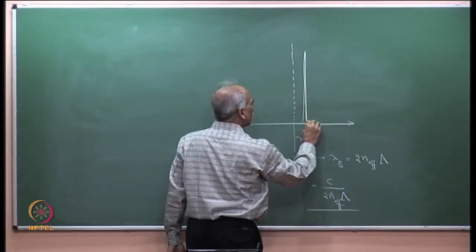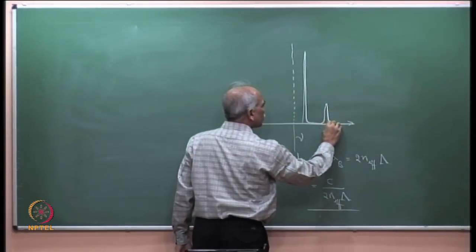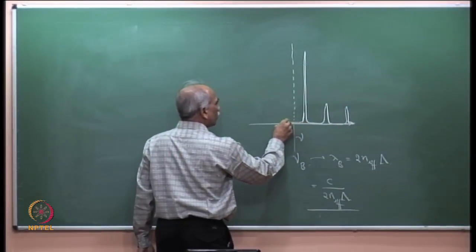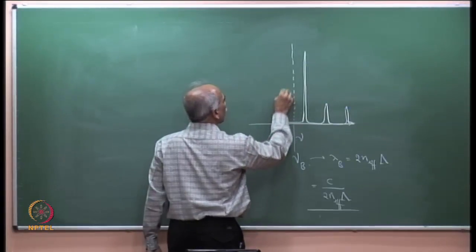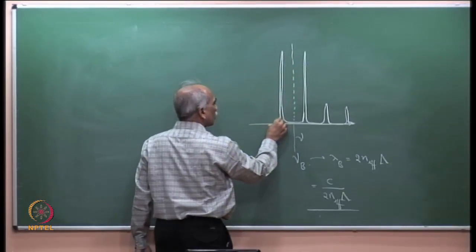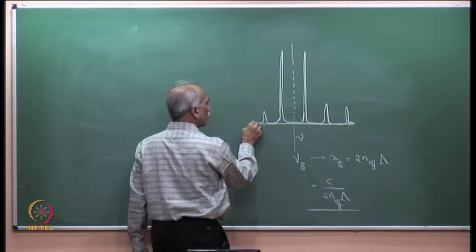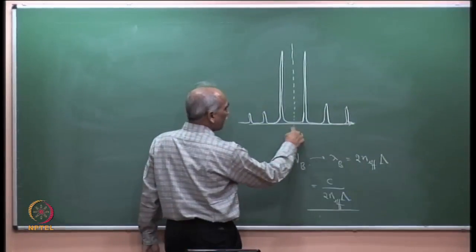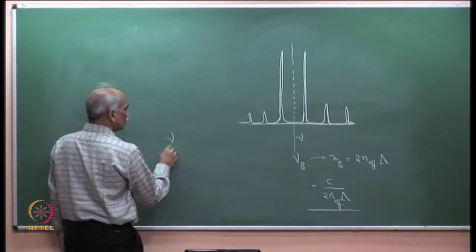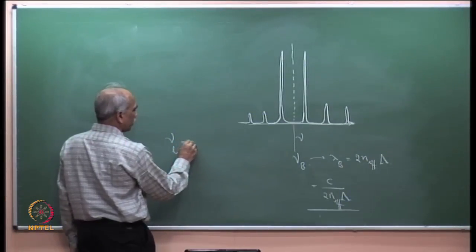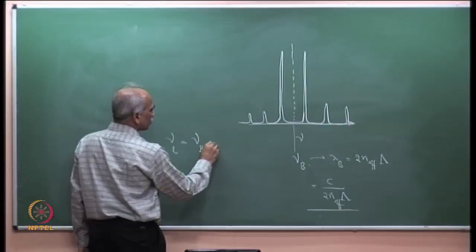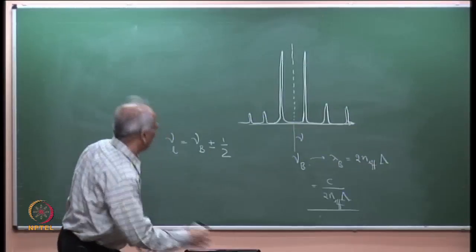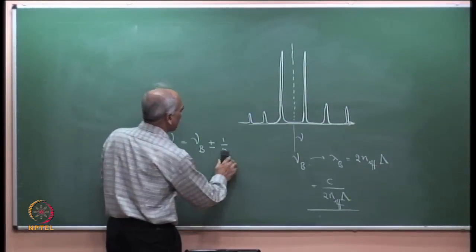If you see a practical structure, it has some more side modes here, side lobes, and there is an important parameter we will discuss. I will not go into the details of this, but this is slightly shifted. The frequency nu of the laser is given by nu b plus minus half, q plus half, into the free spectral range.